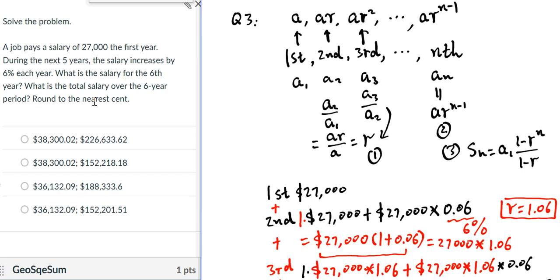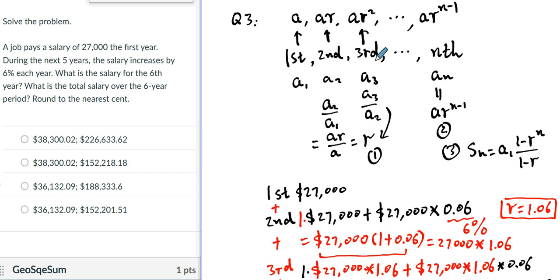This is a very typical geometric sequence. So let's look at the geometric sequence. From the initial term A, the second term is always multiplied by the common ratio.